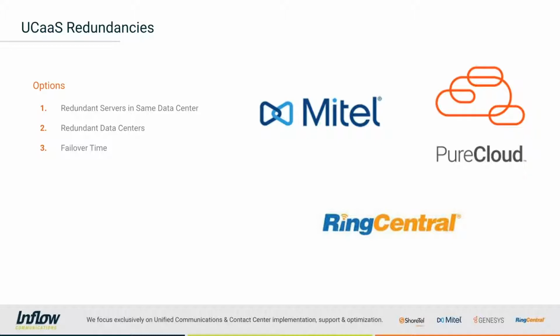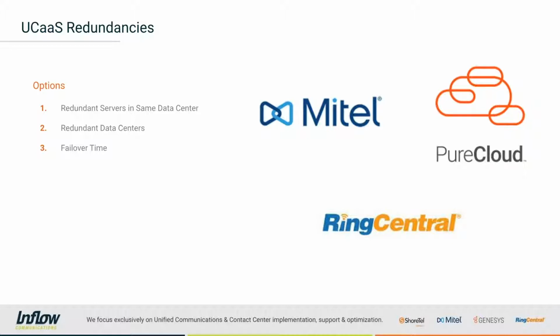The three things I'm going to be talking about today start with redundant servers. Every provider is going to use a primary data center to host your phone system. What are the redundancies in that primary data center? Second, what do the redundant data centers look like? Do they have one redundant data center or multiple?